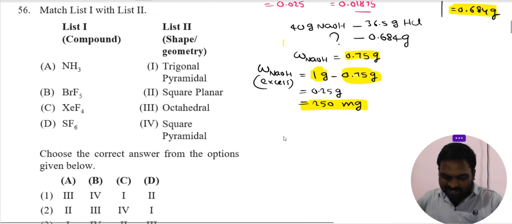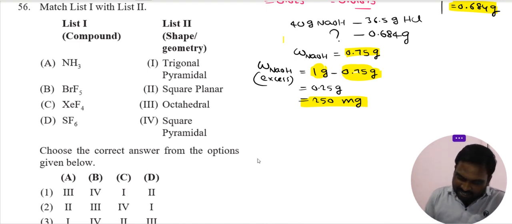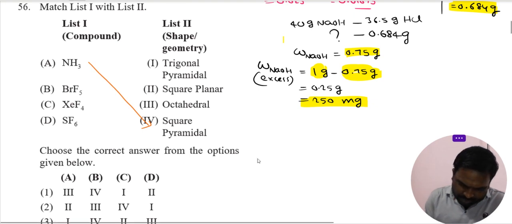Now coming to question 56. Now this is a very easy question. Shape or geometry. Ammonia, very well, pyramidal. And BrF5. So 1 minute. Ammonia, which one? Trigonal bipyramidal.